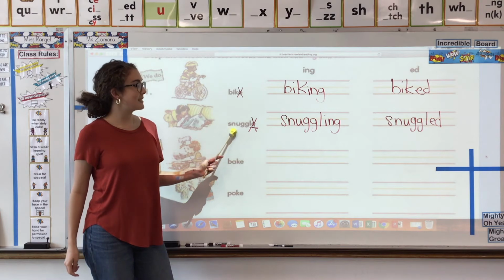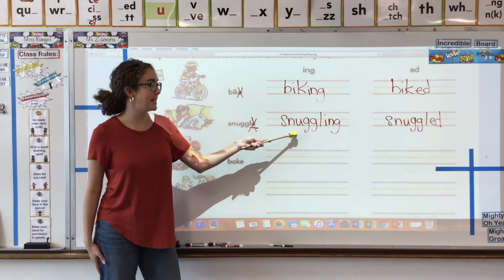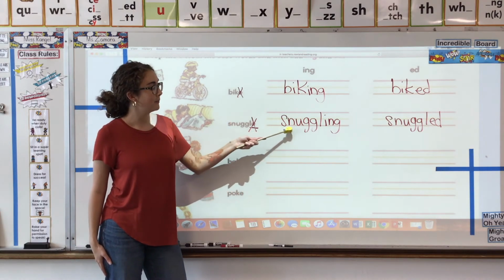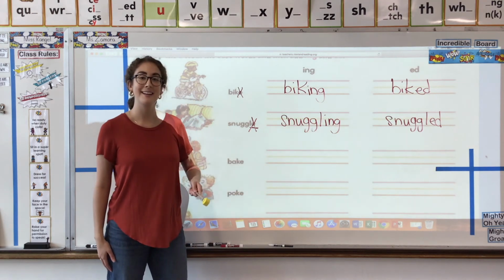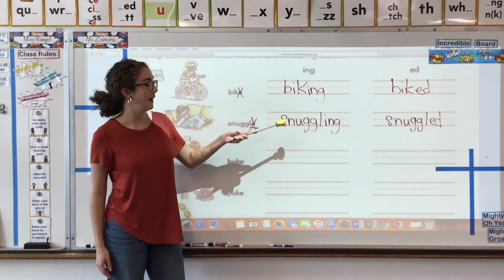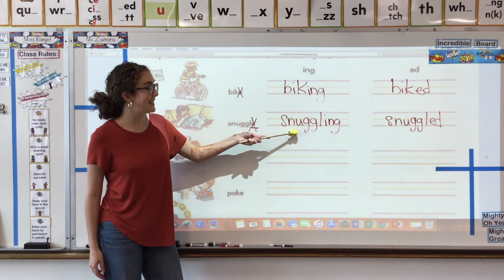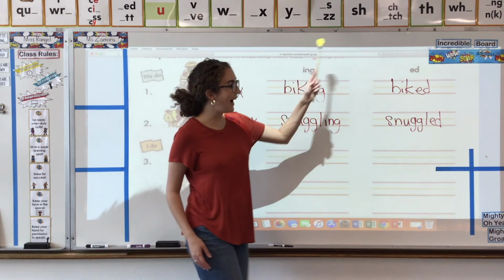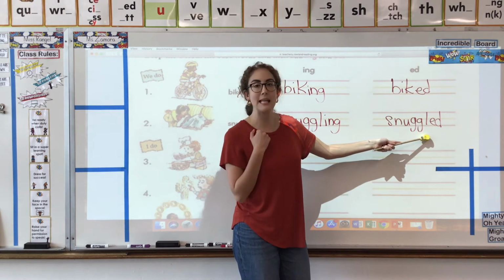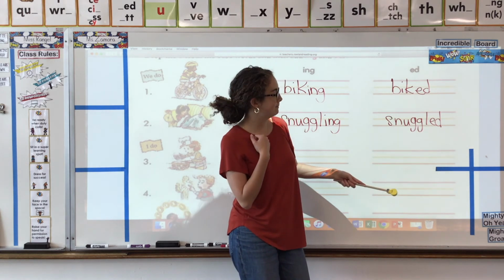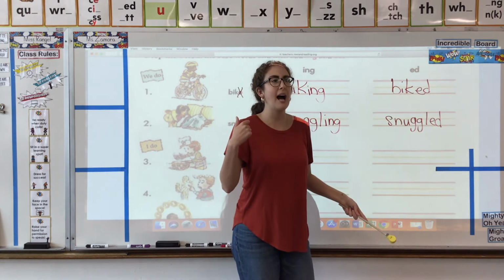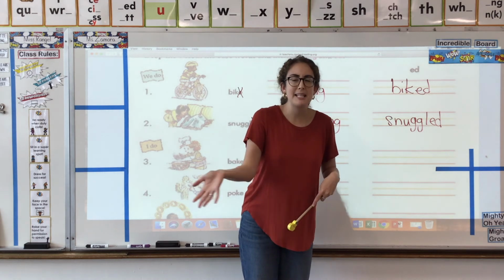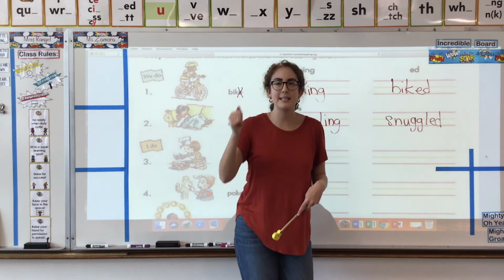So if we have snuggle, the present tense is adding ing. Snuggling, snuggling. Good job. Okay, what about our tricky ED? We're thinking about I snuggle, but I did it yesterday, last night.